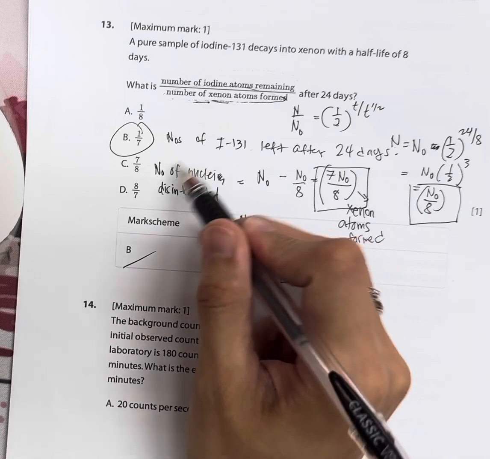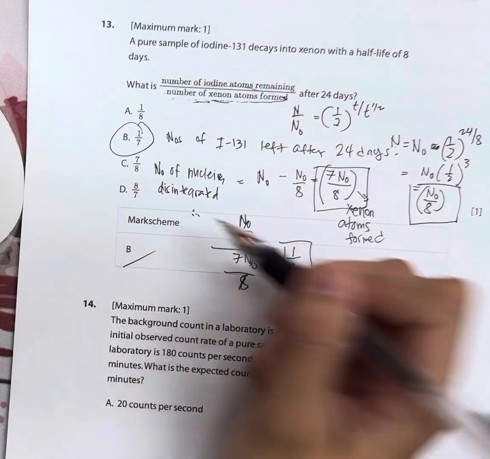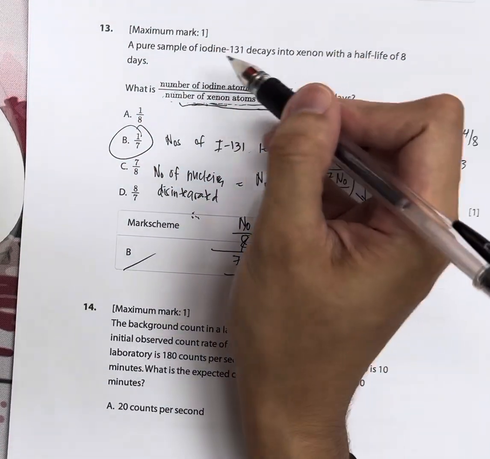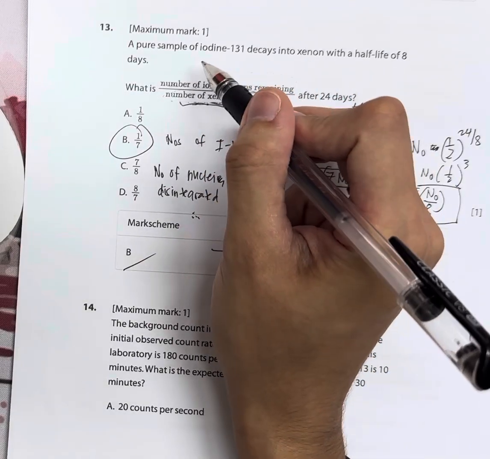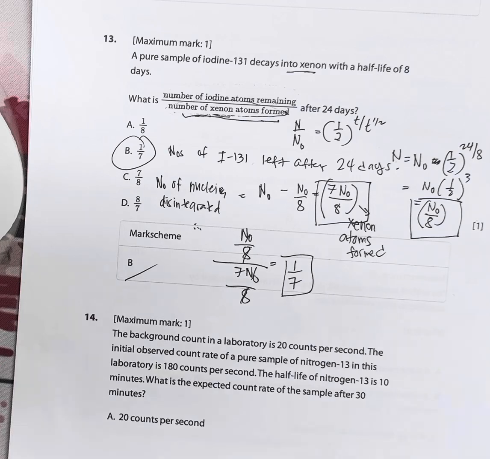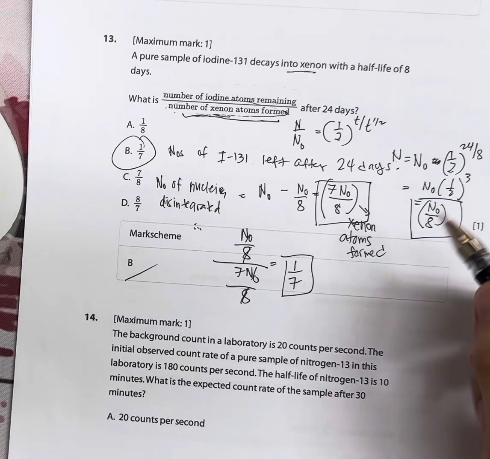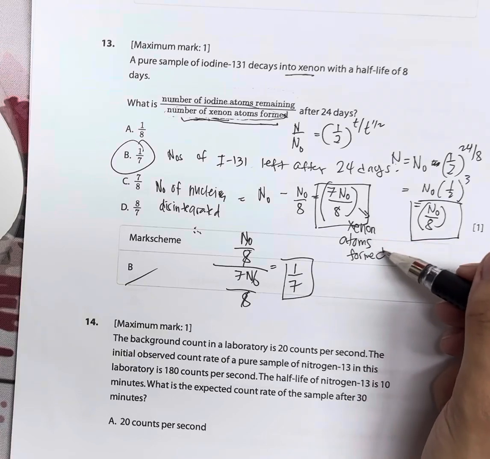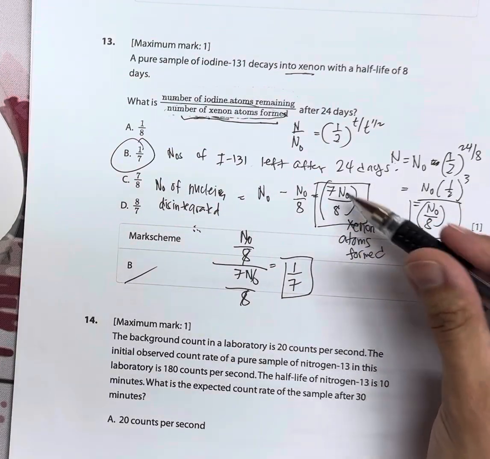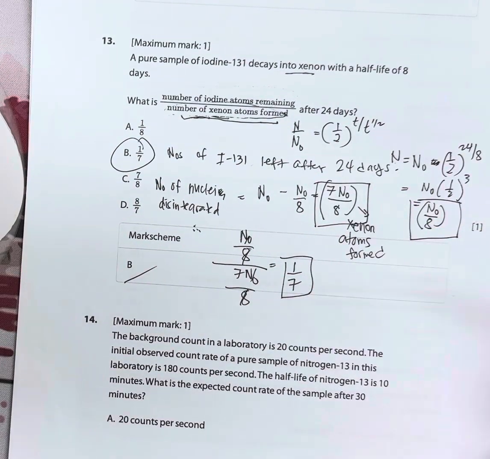Remember, the number that got disintegrated is what you're using to form the result, because if you look at the question, the iodine decays into xenon. So after it breaks down, it is used to form xenon, and hence we had this equation over here, resulting in this expression for the xenon atoms formed.